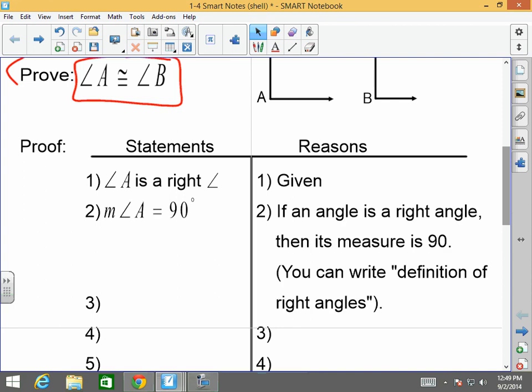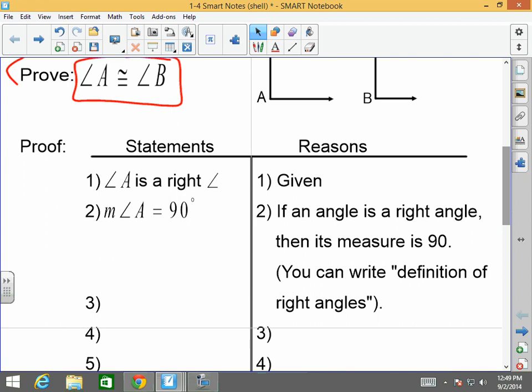Why? If an angle is a right angle, then its measure is 90 degrees. I am not a stickler for having to explain every theorem word for word. I am a stickler, though, for you understanding the concept. So if you really think about it, we already defined right angles as angles that have 90 degrees.